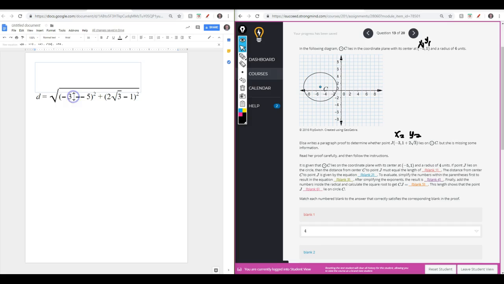So these would be switched. So we would have -5 minus -3. I'm just switching these labels, so instead of this one being x1, y1, this would be x2, y2, because I scanned it and saw that -5 was listed first.